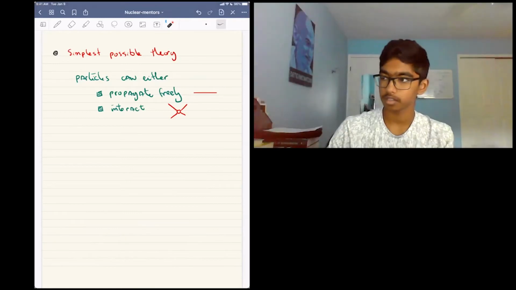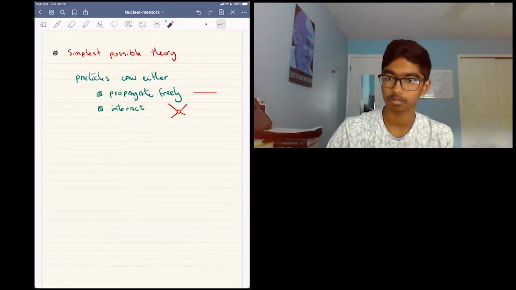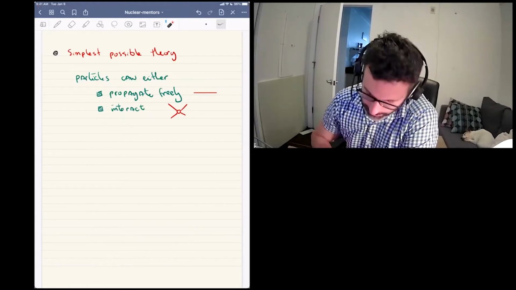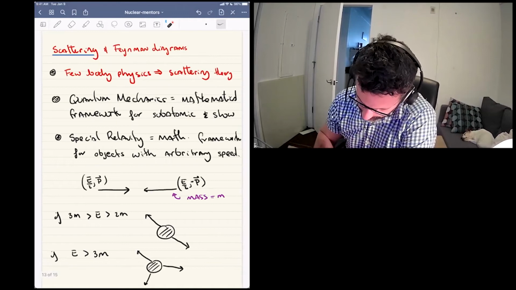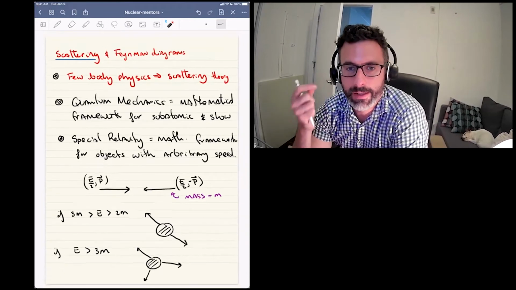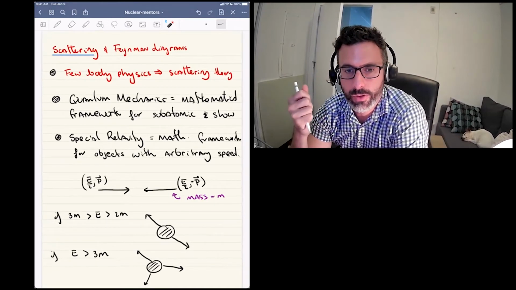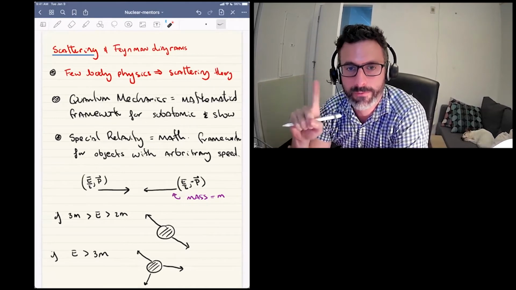So why exactly is quantum mechanics not helpful in the previous example? Yeah, so in quantum mechanics, what you're describing is a wave function of a single particle.